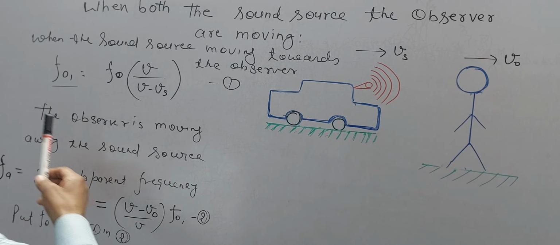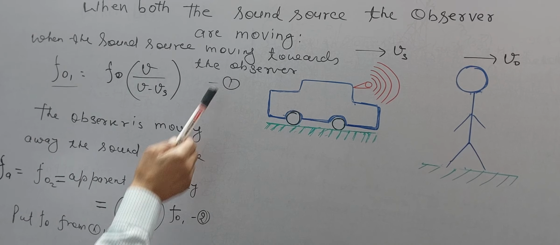Now place the value of FO1 from equation first into equation 2.